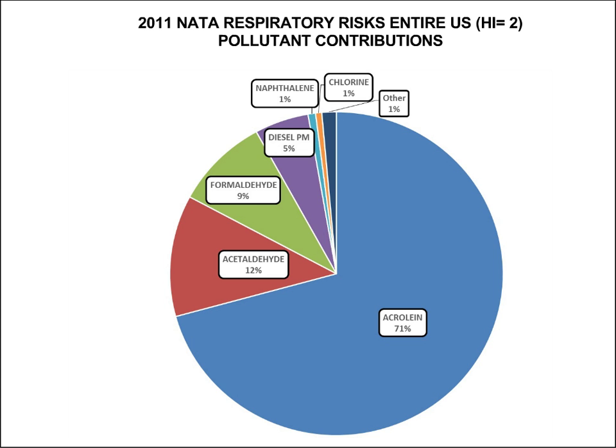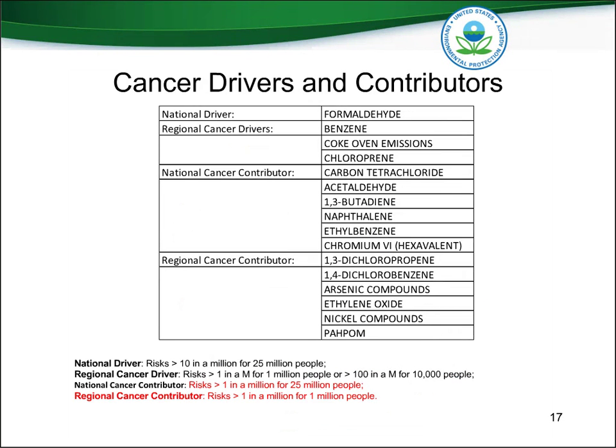Mark, you bring out a good point too. I want to make sure I don't miss this: keep in mind that NATA is done at a census tract level. With the risk assessment that we do for our residual risk assessment program, where we're looking at risks around industrial facilities generally, we do that source code by source code.